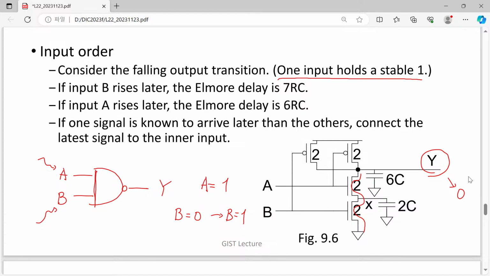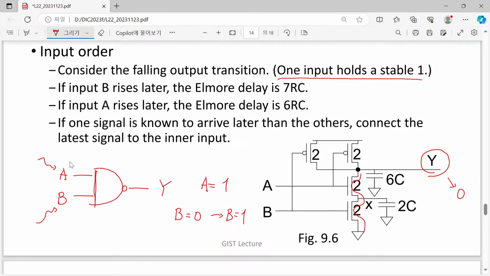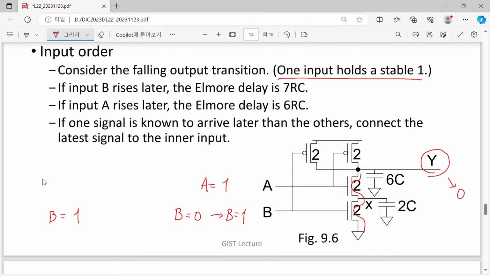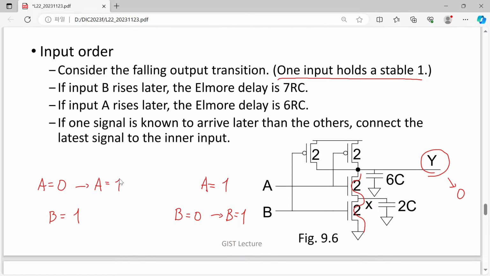Or consider the opposite case, where instead of A, B is always kept as 1. However, A was previously 0 and now it becomes 1. Then what will happen? These are our two different situations.